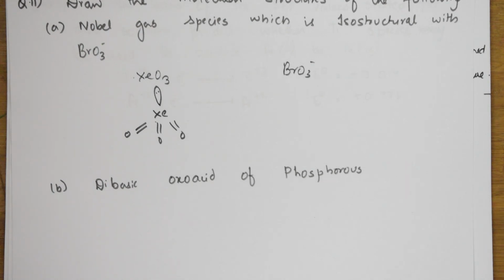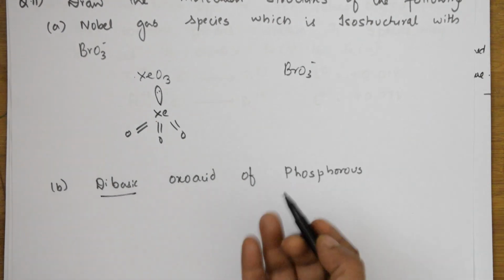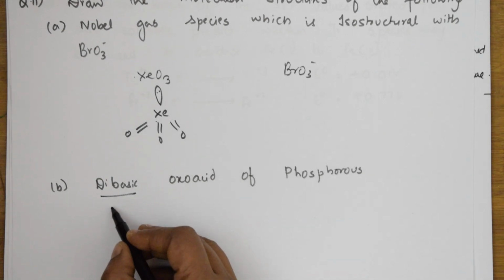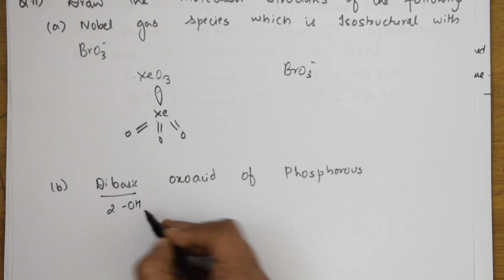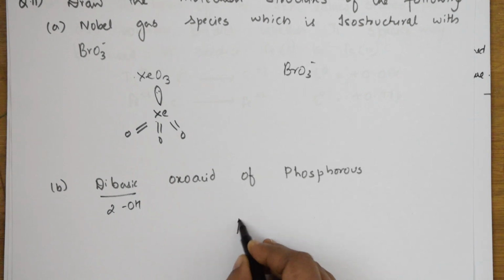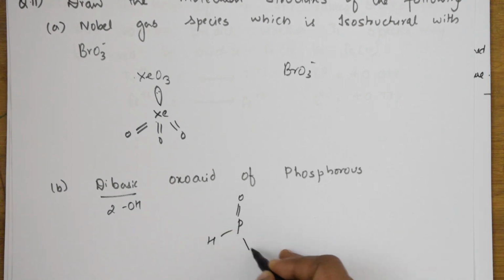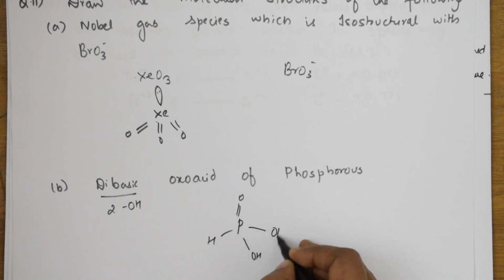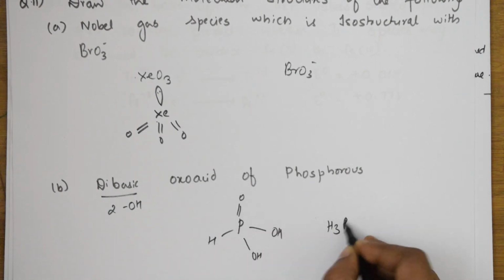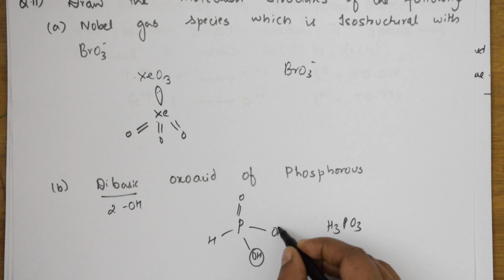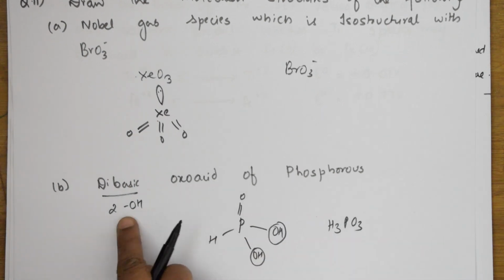Dibasic means 2 OH groups should be there. So let us write phosphorus in the center, oxygen here, hydrogen here, OH here, OH here. This is nothing but H3PO3. See here, there are two hydroxyl groups, so it is dibasic in nature.